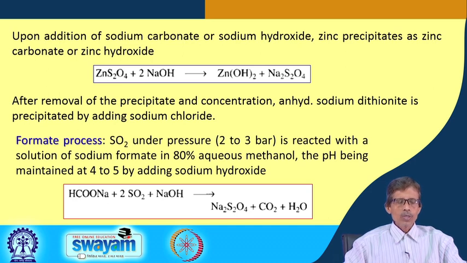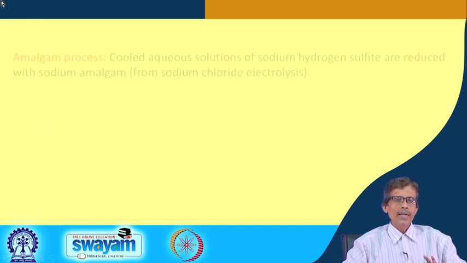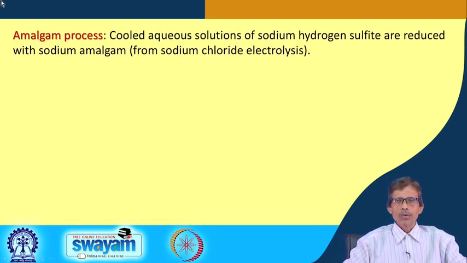Because the reducing equivalent from your formate anion, HCO2 minus, is transferred to your sulfur dioxide molecule, giving you your sodium dithionite anion and producing carbon dioxide and water. So, it is a very neat reaction where you get this reduction.